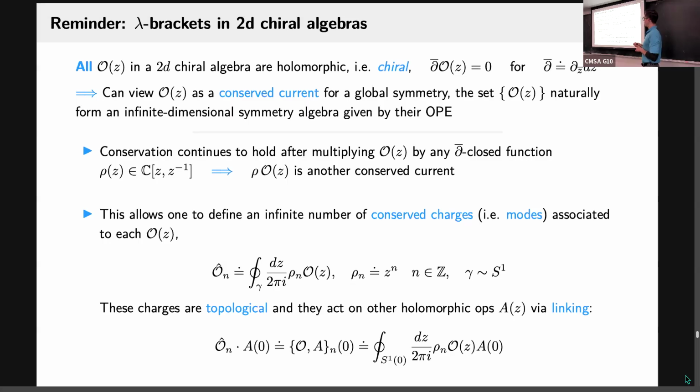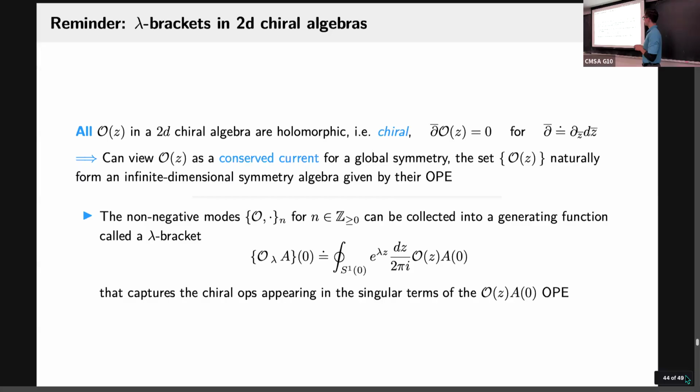A feature of these modes is that they're topological, and they act on other chiral operators via linking in the following way: if I insert this chiral operator A at the origin, then the mode action is defined by taking this integration cycle of O(n) hat and linking the operator A at the origin. We can then collect all these non-negative modes into something akin to a generating function, which is typically called the lambda bracket.